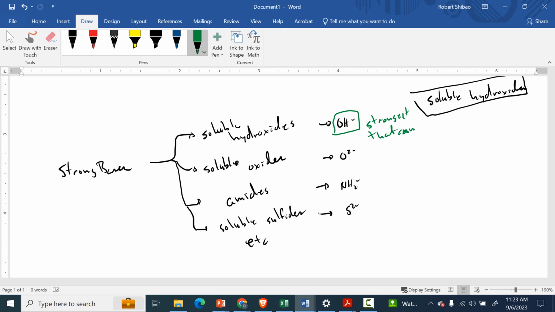What happens if we have a stronger base than hydroxide in water? There's the leveling effect, exactly. All these bases are too strong to exist in water.